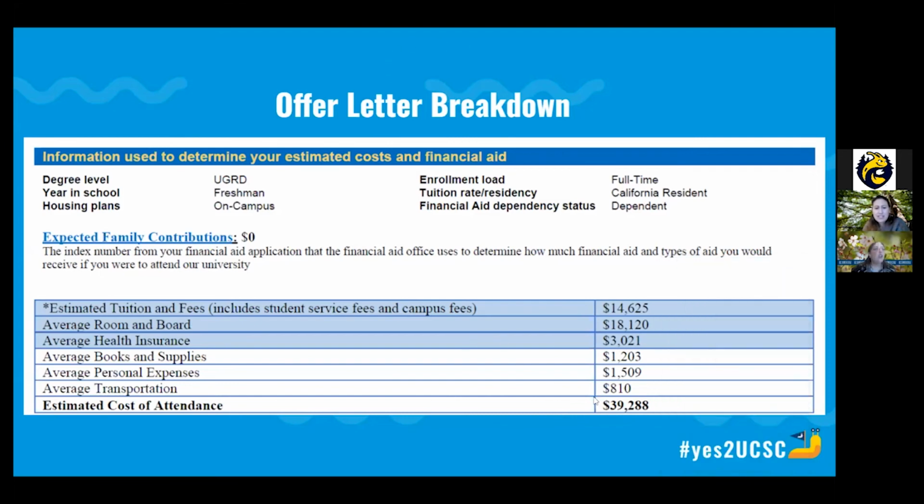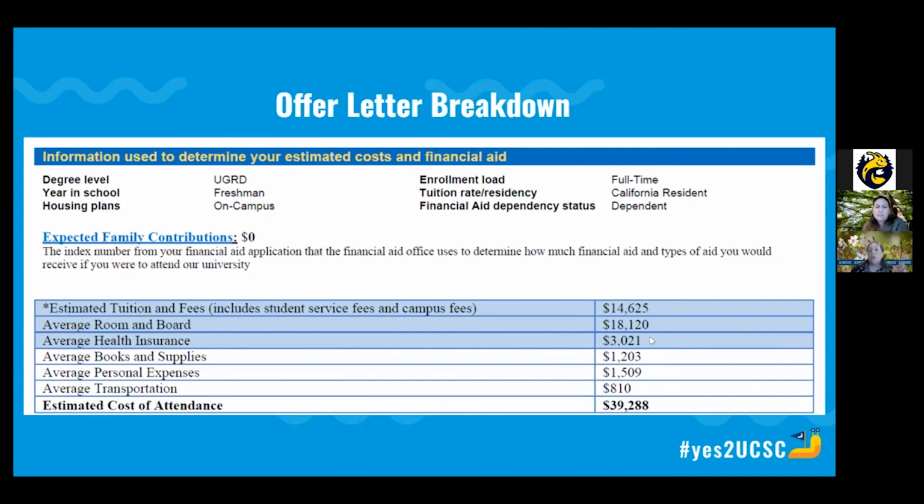Yes, our goal is to offer you aid up to this amount to help you cover books and supplies, to help you cover personal expenses, transportation. Now, the difference really is that if you accepted all of your financial aid up to this amount, financial aid would only directly pay these three things.